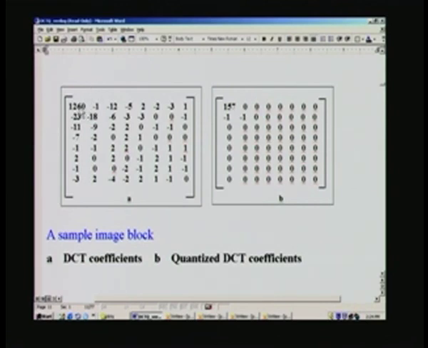In this case it will be 8, so 1260 divided by 8 and rounding it off, that is dropping all the fractions, what you will get is 157. It is not a rounding off, it is actually truncation. So if you want to recover this back, what you need to do is just multiply that by 8. What do you get when you multiply? Do you get it back?